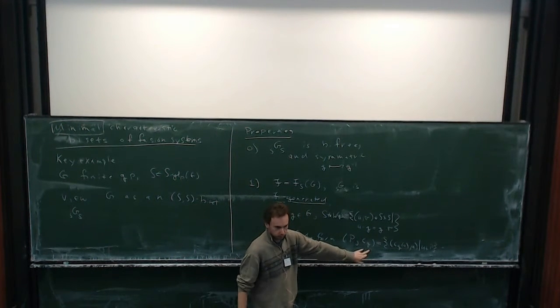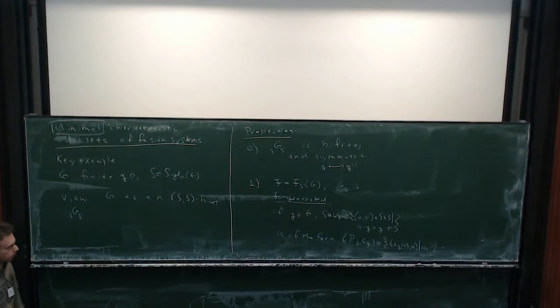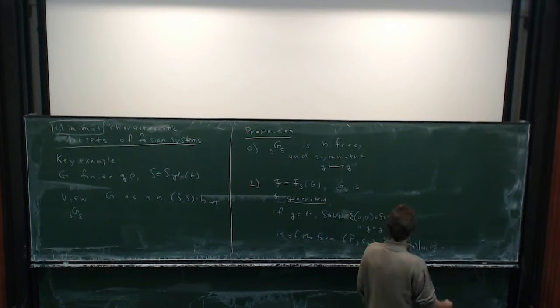They're twisted diagonal subgroups, and the twisting is going to be a morphism in the fusion system. That's the real key idea that we're interested in here.